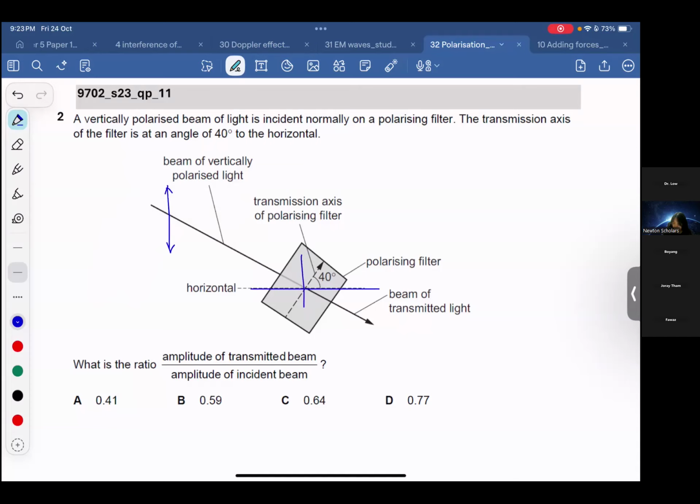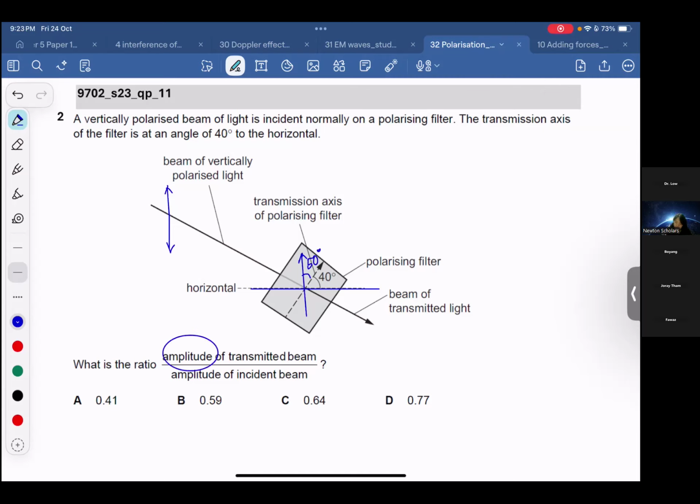But this is not the angle we want. We want the angle from the initial vertical. So the angle that we use is actually 50 degrees. This is the part you have to know: from vertical, how much you rotate. They give you 40 degrees to the horizontal, but we want from the vertical. So the angle here should be 50, not 40.